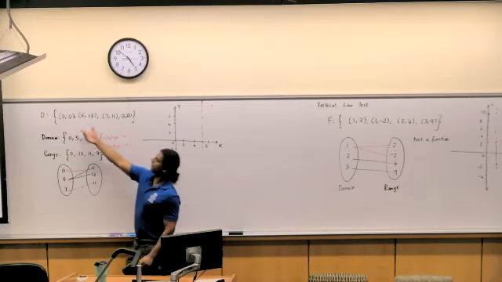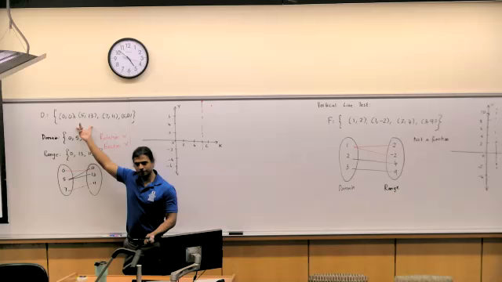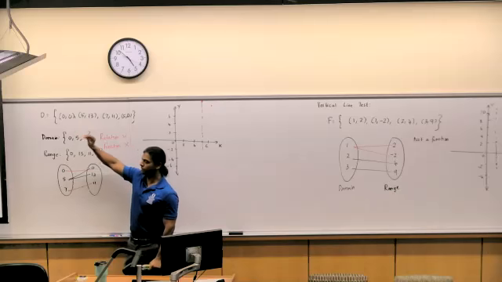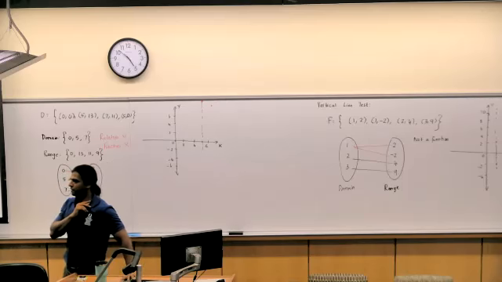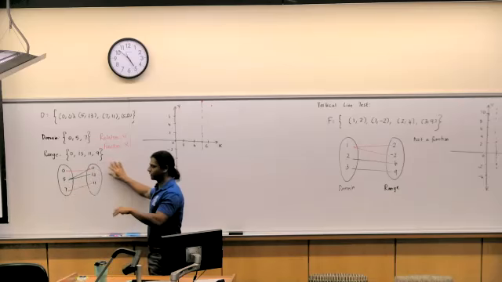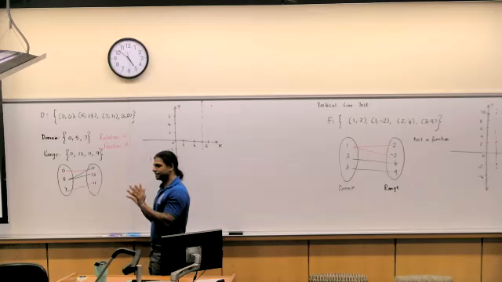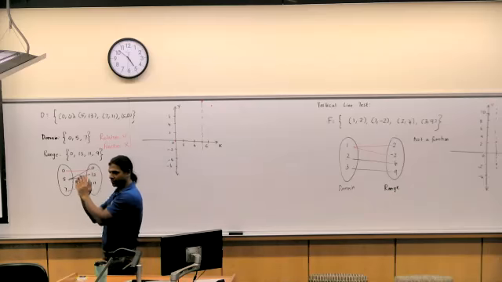Any set of points is a relation. A relation is a set of ordered pairs. It doesn't necessarily have to be numbers, x, y pairs.